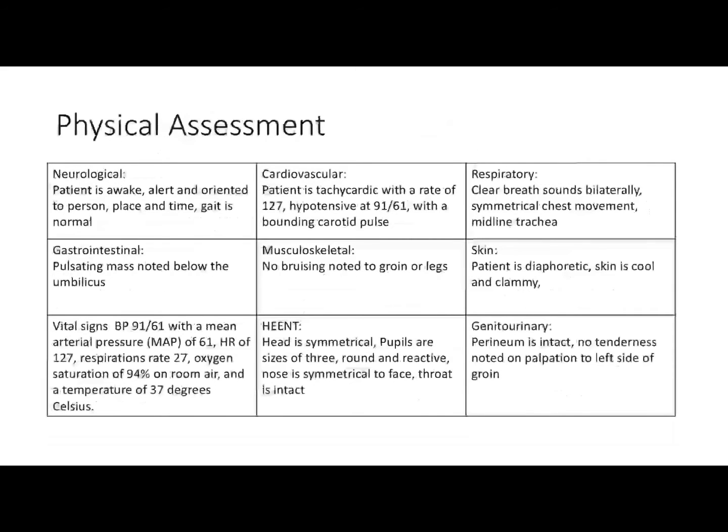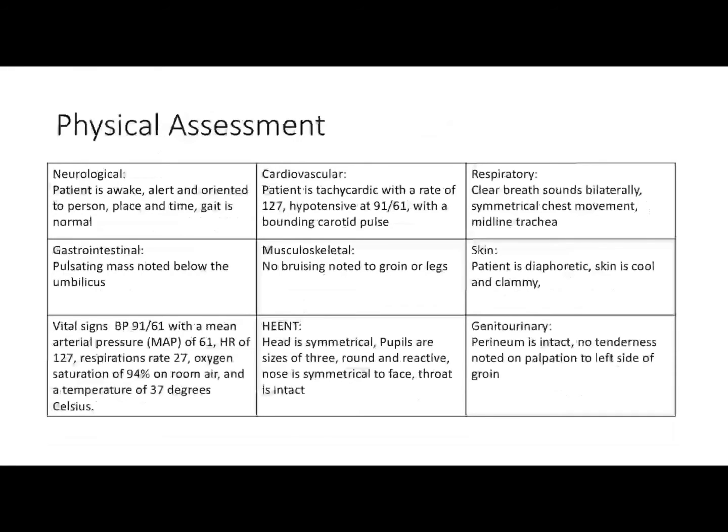A physical assessment shows neurologically the patient is awake, alert, and oriented to person, place, and time, and his gait is normal. Cardiovascular shows that the patient is tachycardic with a heart rate of 127, and he is hypotensive with a blood pressure of 91/61, and he has a bounding carotid pulse.